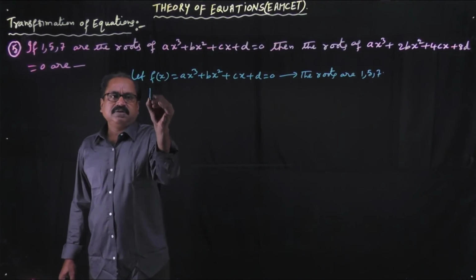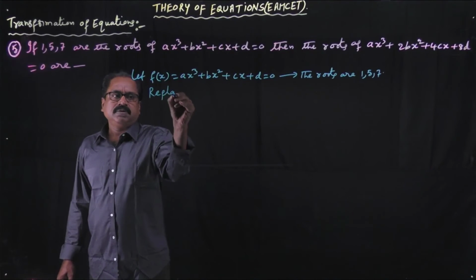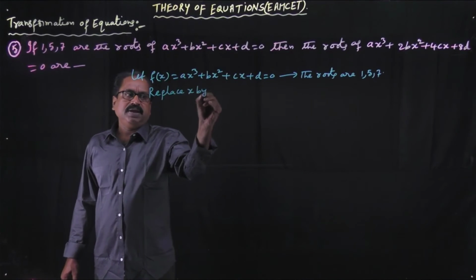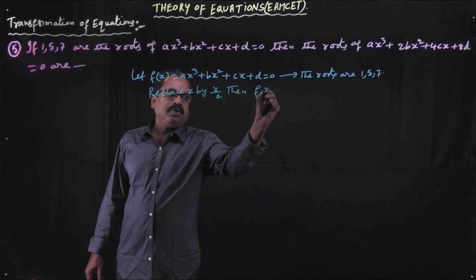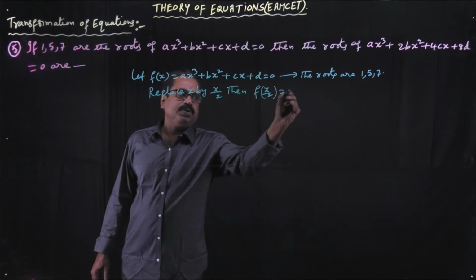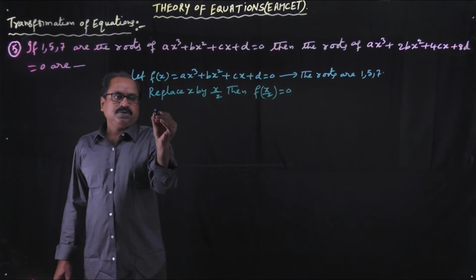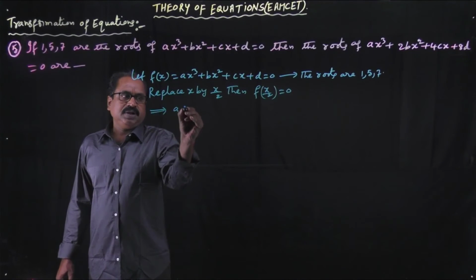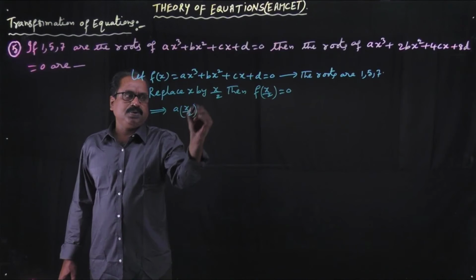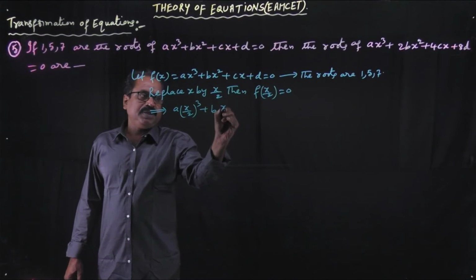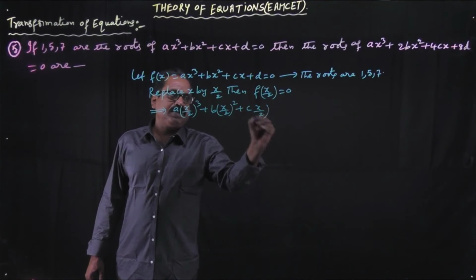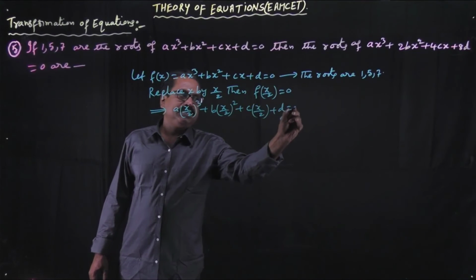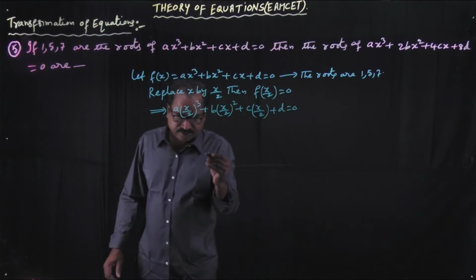Replace x by x by 2, then f of x by 2 is equal to 0. So this implies a into x by 2 whole cube plus b into x by 2 whole square plus c into x by 2 plus d is equal to 0.